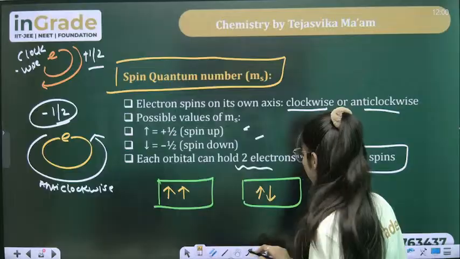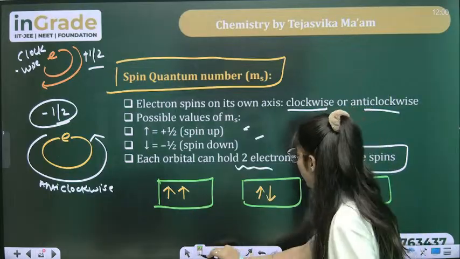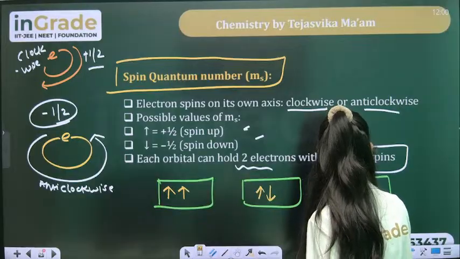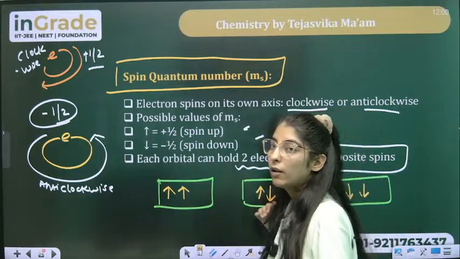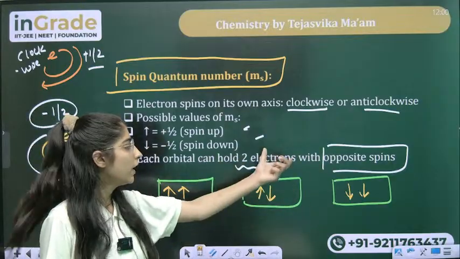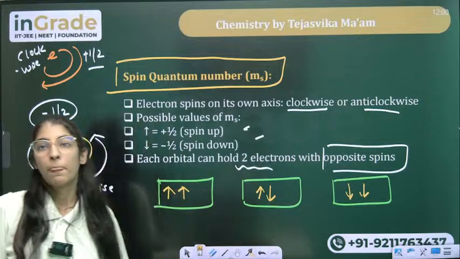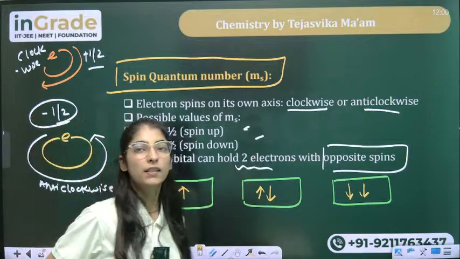And the next says, ma'am, I am going to represent the spin like this. Now you tell me what is going to be the exact representation of the electrons present in this particular orbital. Give me the answer.